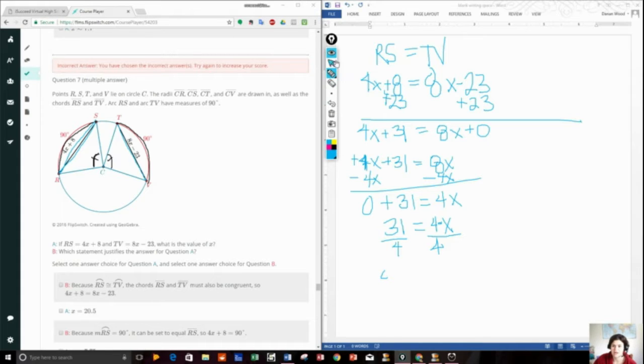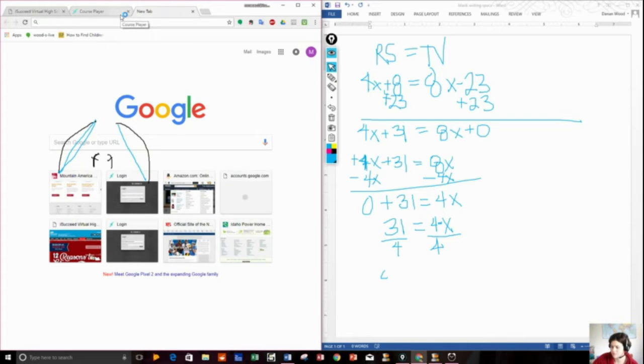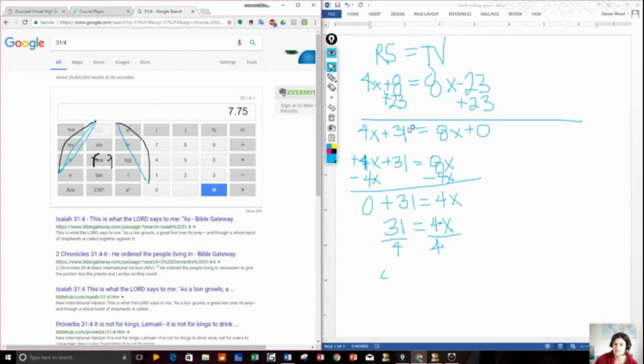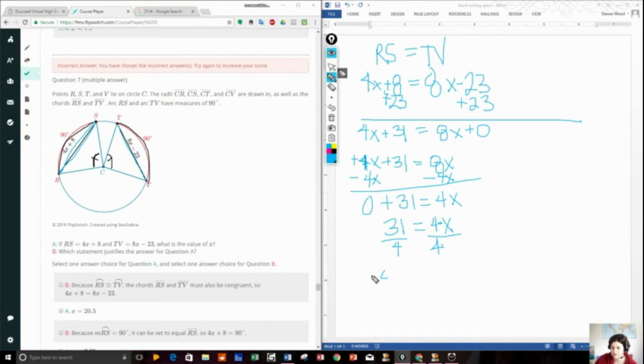So let's find out exactly. We're going to just type it in. 31 divided by 4. That's 7.75. Alright, so we have 7.75, and that's going to equal 4 divided by 4 is 1x.